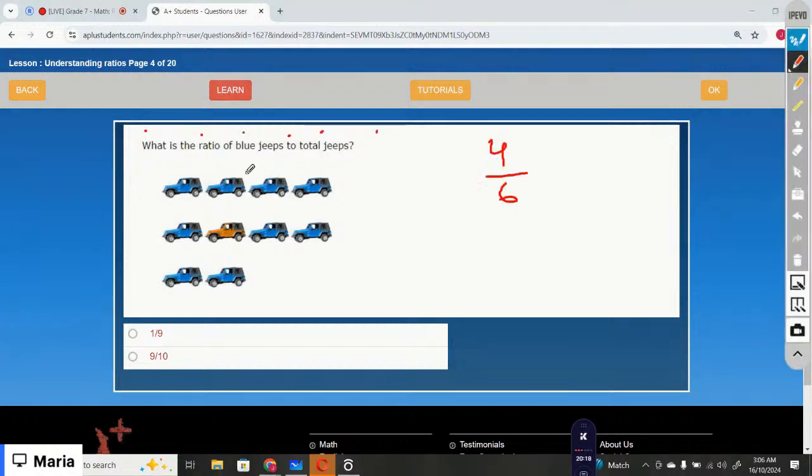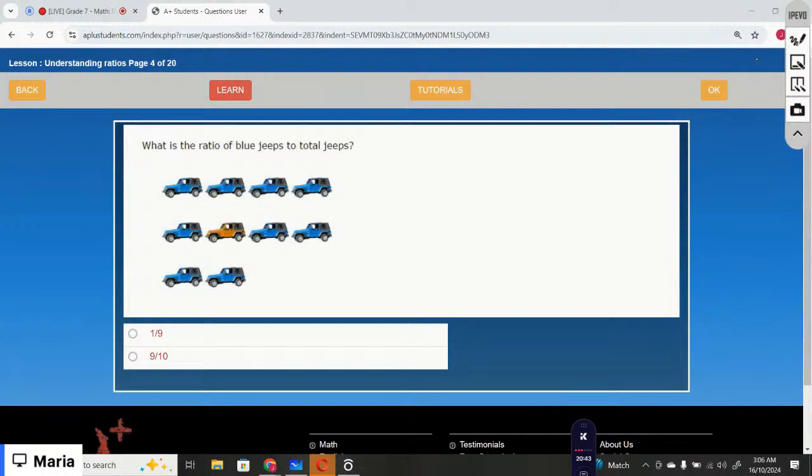So you have 1, 2, 3, 4, 5, 6, 7, 8, 9 to 10. The ratio is 9 to 10. You have 9 blue jeeps and 10 total jeeps. The correct option is 9 to 10. Option number 2 is the correct option.